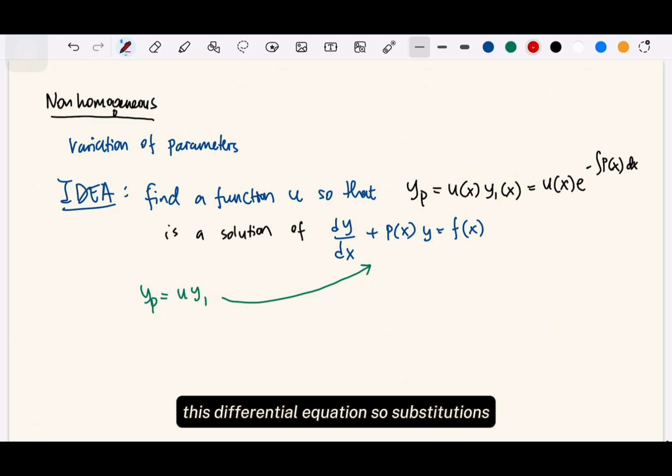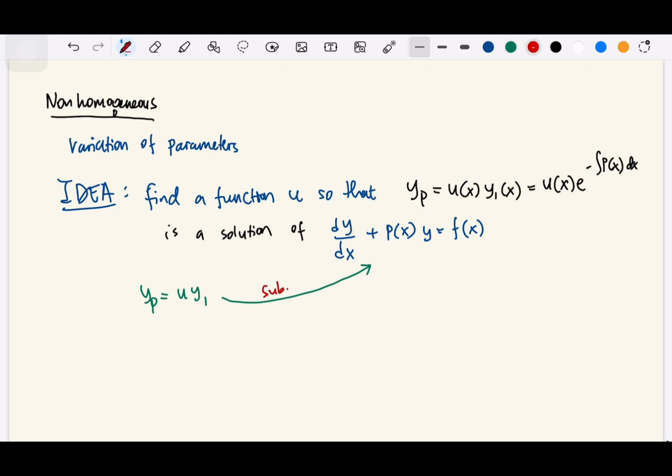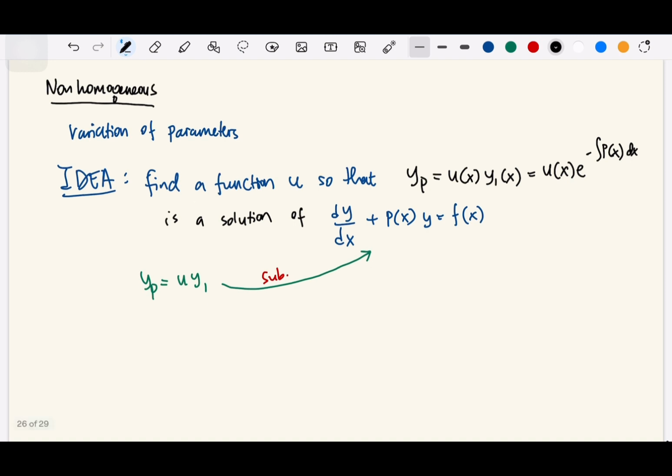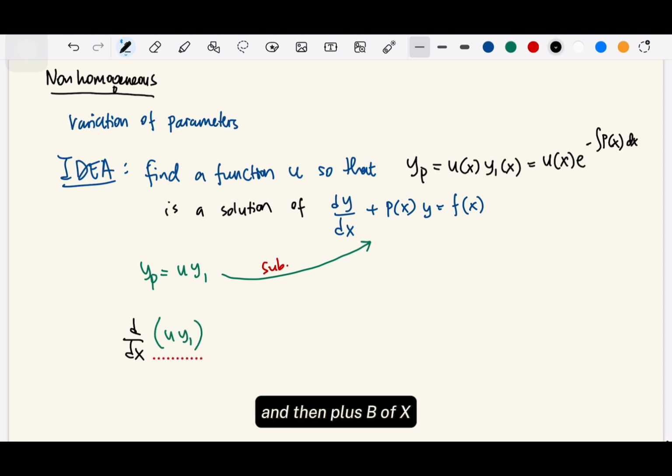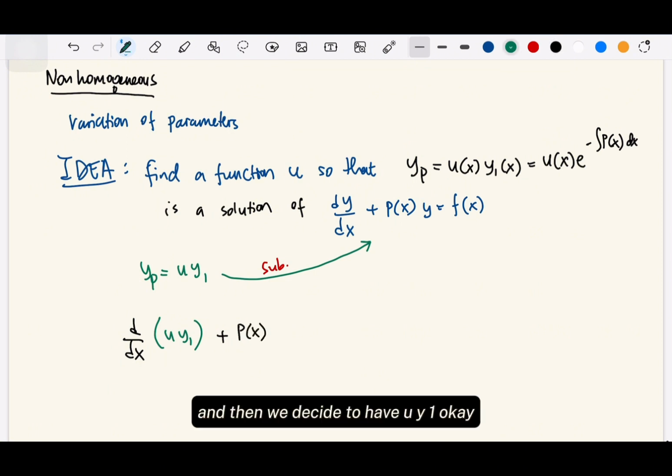So d/dx of u y1, and then plus p of x times u y1.